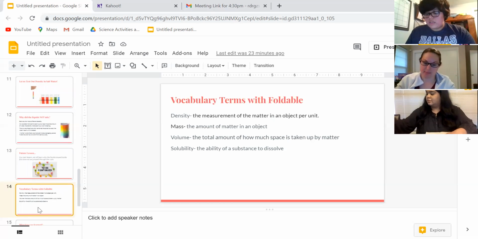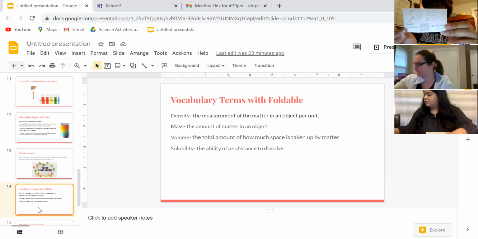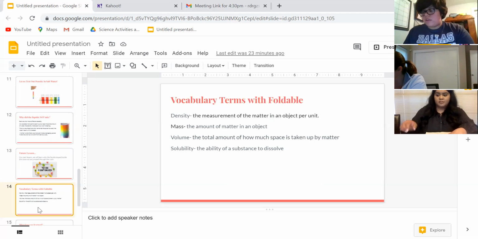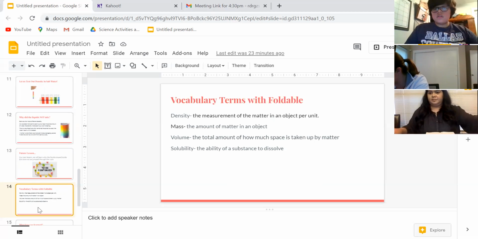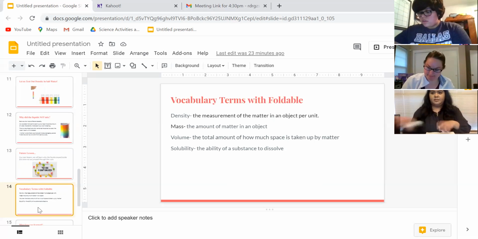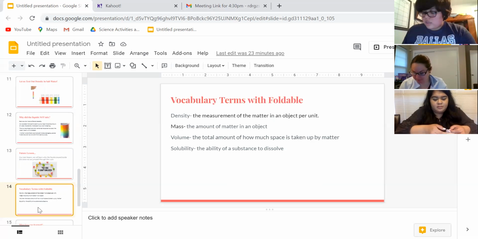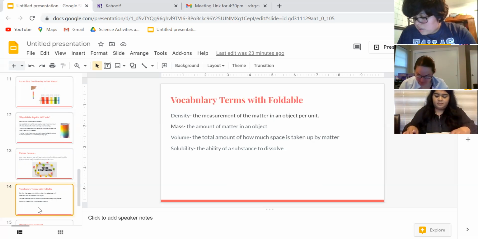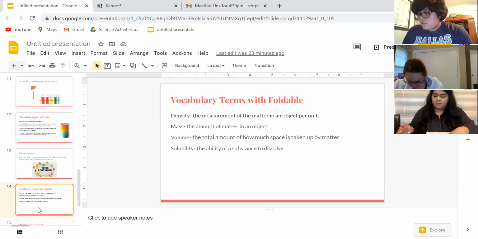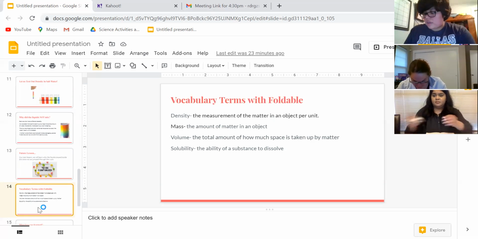We want to take our image, which should be this one right here, and paste it on the left column next to density. Then we can fill out those little blanks. When it's loosely packed, it has a lower density. And when it has a higher density, it's compacted together.